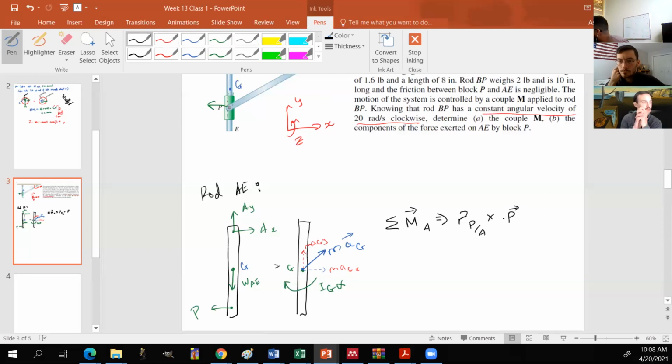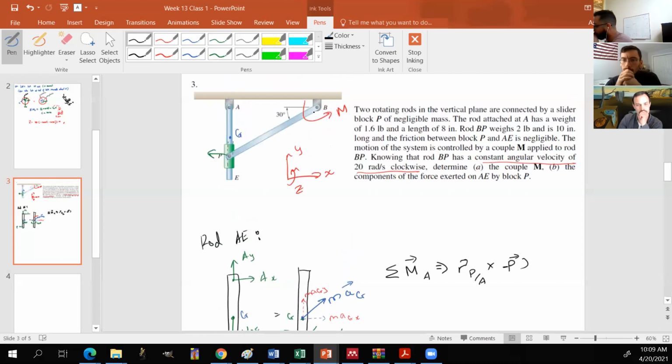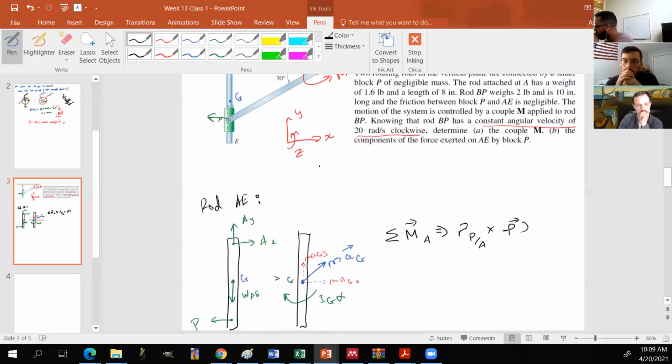And I'm just going to put a minus sign here, and this will make sense why I'm putting a minus sign here, because when we look at the rod BP, we have to take an equal and opposite reaction, right? So I'm just going to make it positive in that one. So I'm just saying that it's minus P over here. And this is just for Mathematica to basically know that, all right, this is the same force, but it's in equal and opposite directions, all right? So that's just minus P over there.